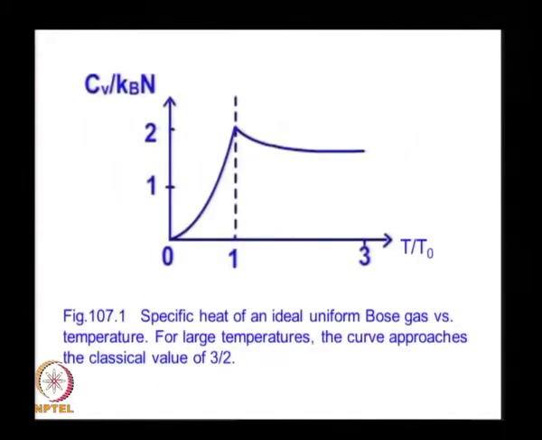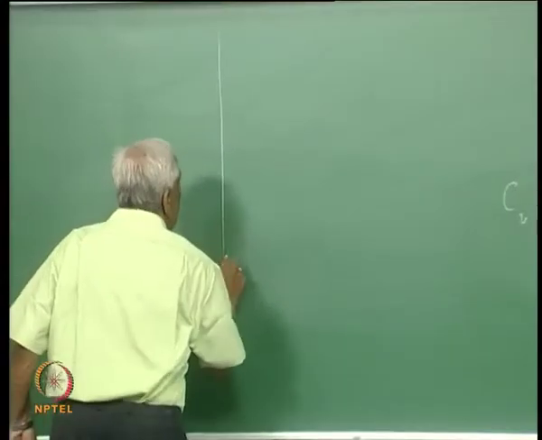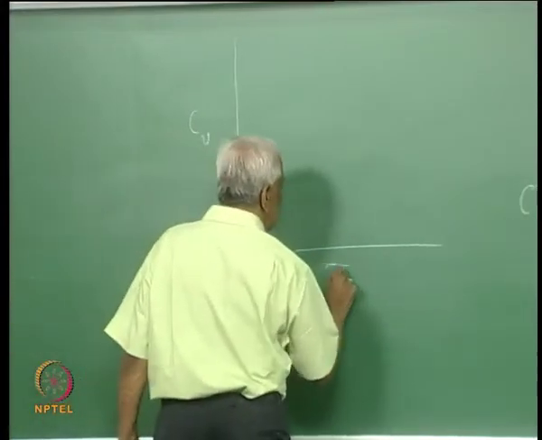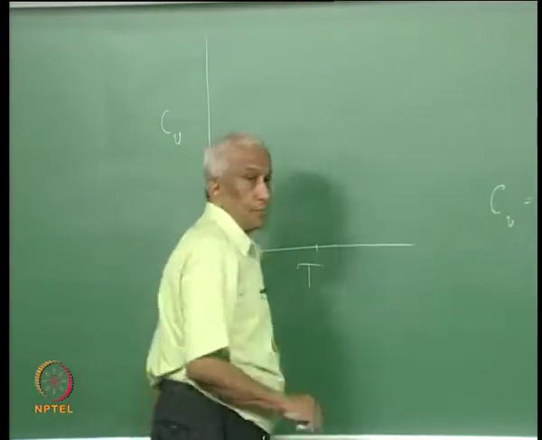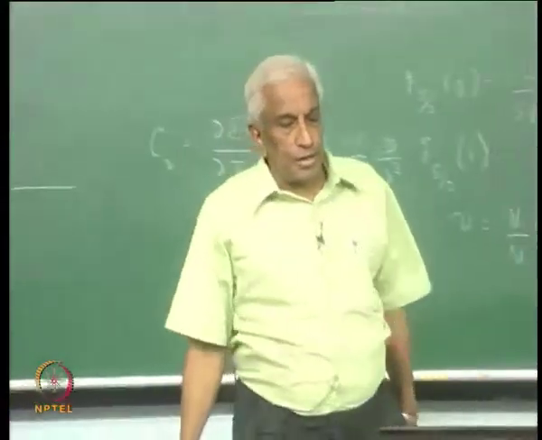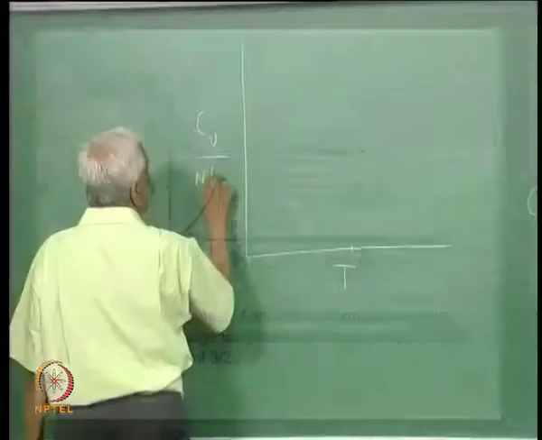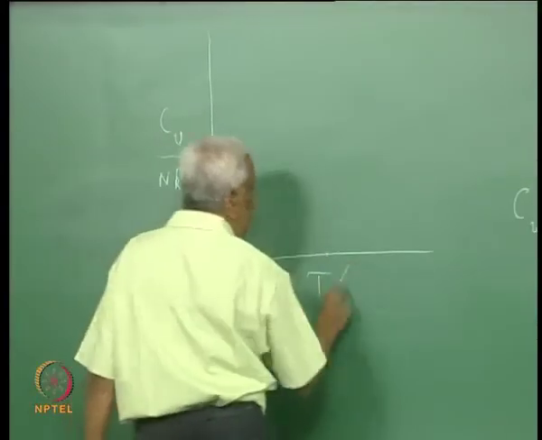So, the variation of the specific heat is shown in the figure and looks like this. Let us plot it as Cv by N kB against T by T naught.